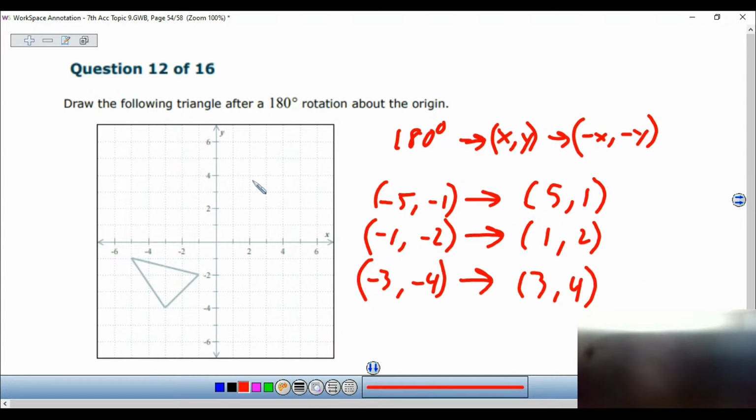So I have 5, 1, 1, 2, and 3, 4. And we'll draw our lines. And there it is. And you can tell it looks like it rotated right around there to the new quadrant.